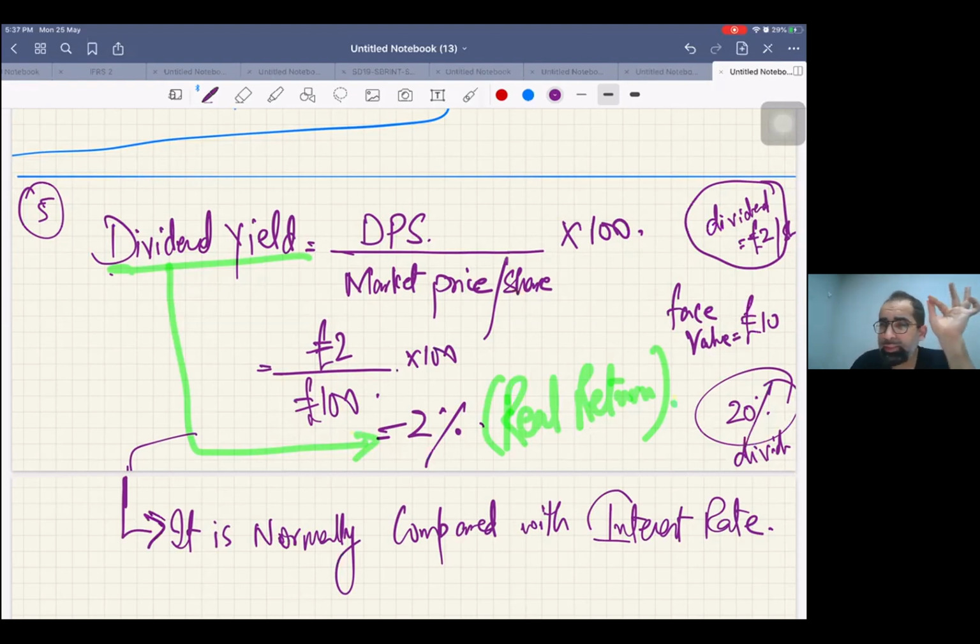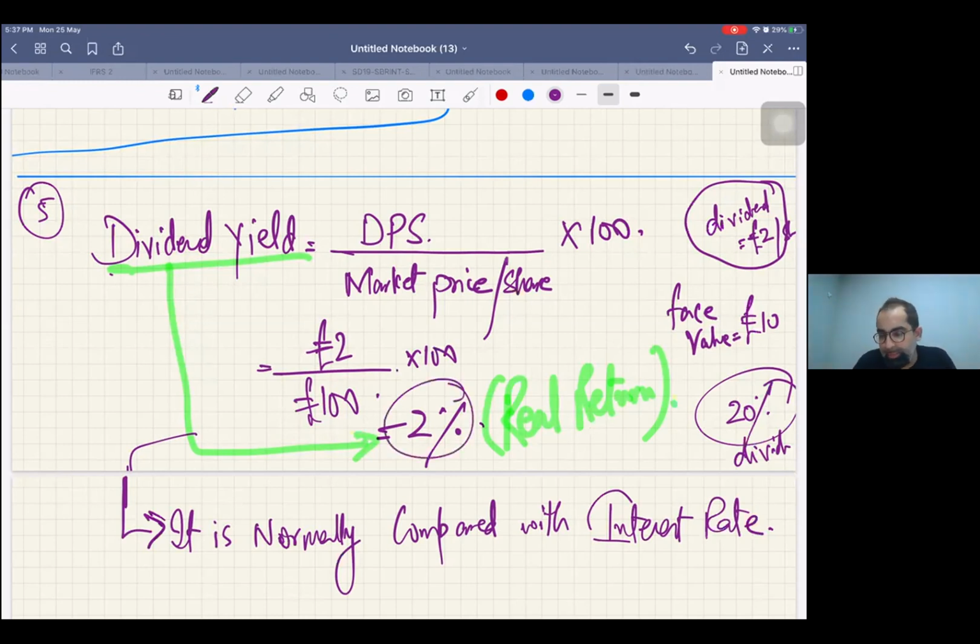when you buy an ordinary share from the stock market, how many returns do you normally get? Two types of return. Number one is dividend, and the second return is capital gain. So if the dividend yield is less than the interest rate, no need to worry.